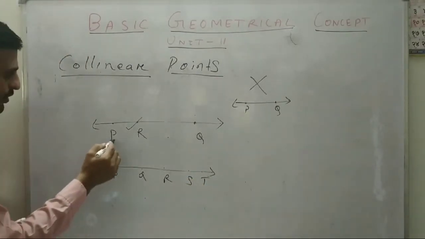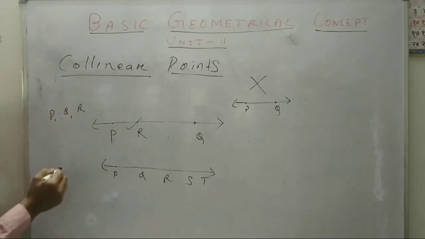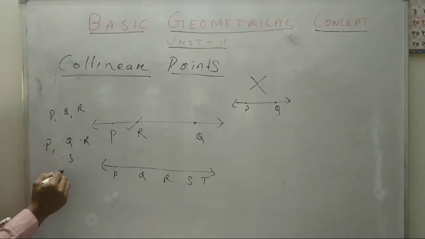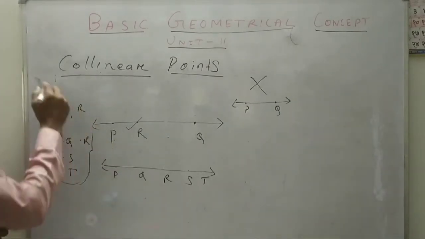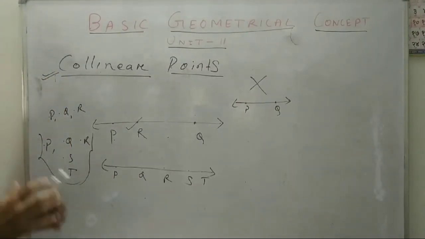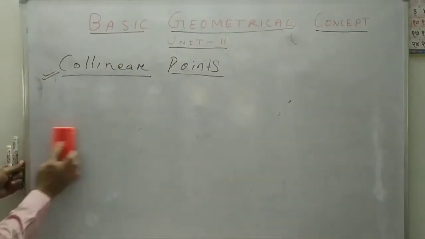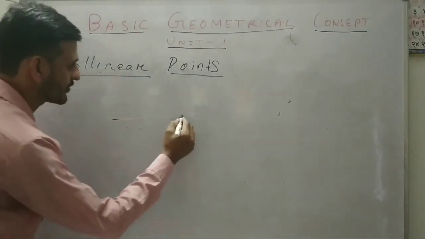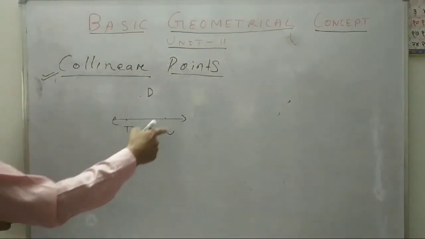So point P, point Q, point R, point S, point T are known as collinear points. If the points are collinear, then we can say that the points are on the same straight line. Suppose this is a straight line, and it has T, U, and D. Are these 3 points collinear?